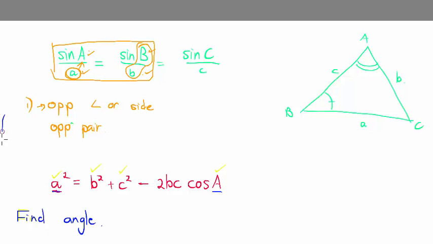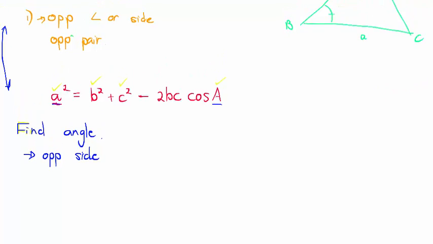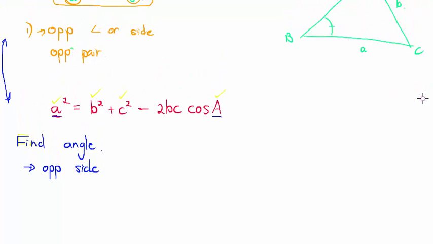It doesn't matter which of these 2 formulas I want to use, I must have the opposite side length. So what do I need if I want to find an angle? The opposite side, always. Once I have the opposite side length, the next question I'm going to ask is, what else do I have?